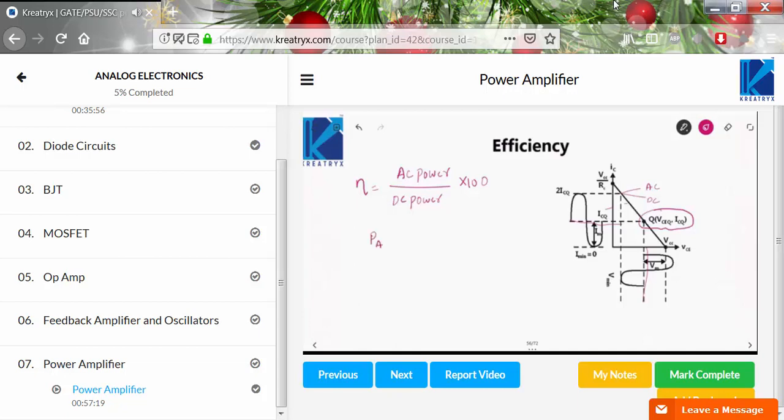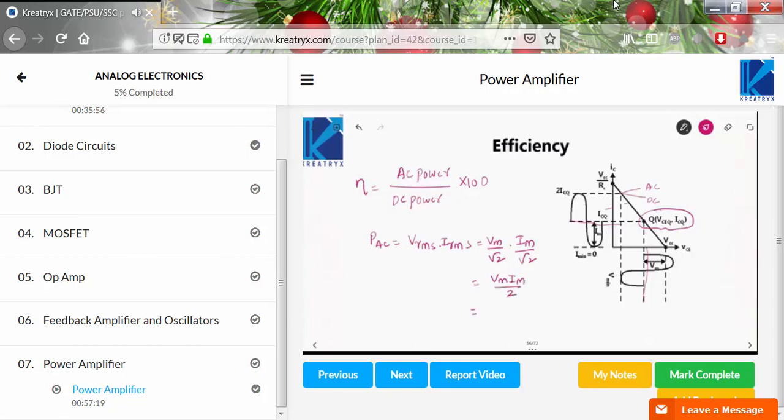AC power is denoted with P_AC, right? Which is equal to V_RMS into I_RMS. V_RMS is nothing but Vm by root 2, we know the RMS value. I_RMS is nothing but Im by root 2. So which is equal to Vm into Im by 2, right?